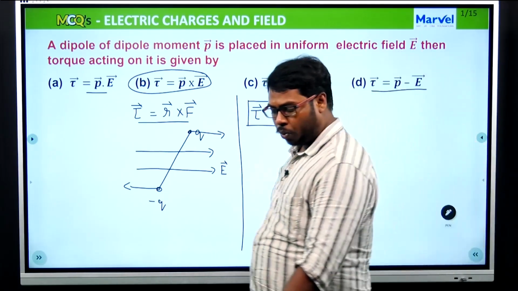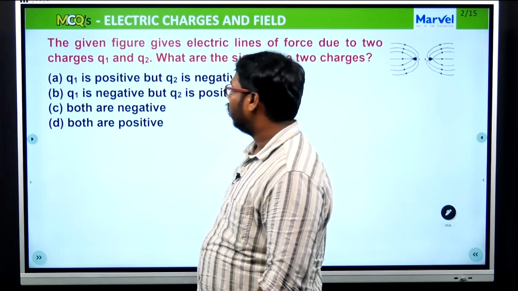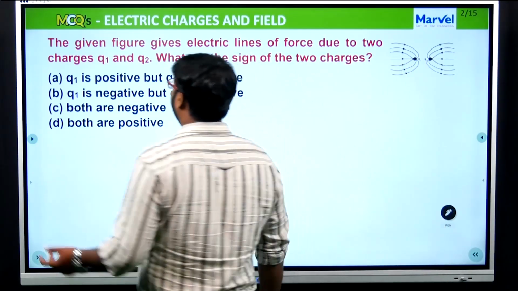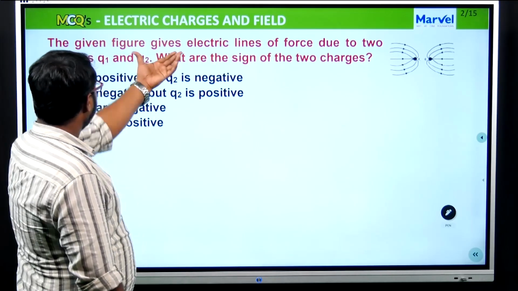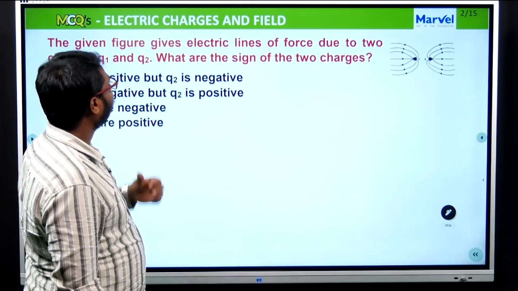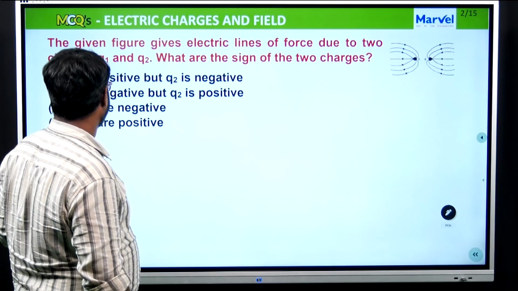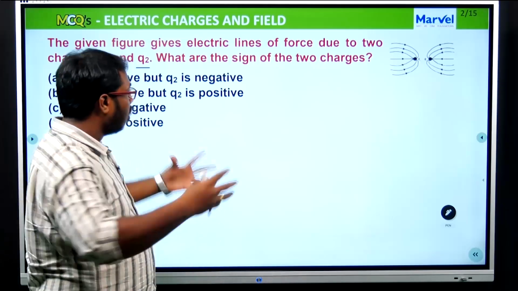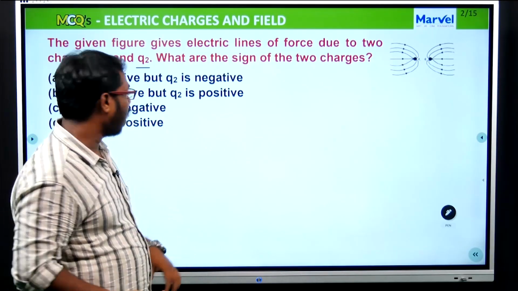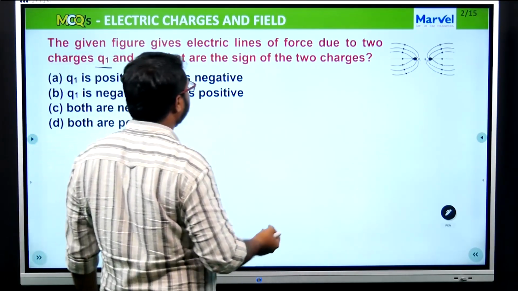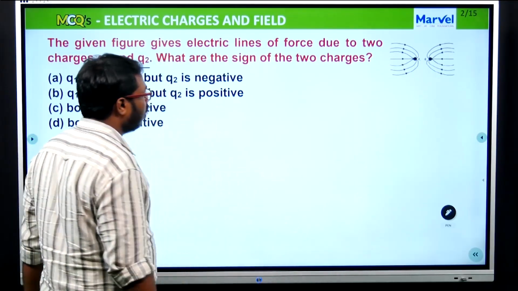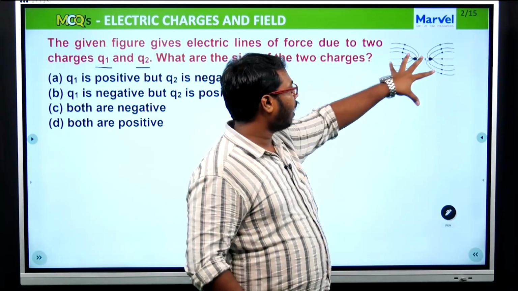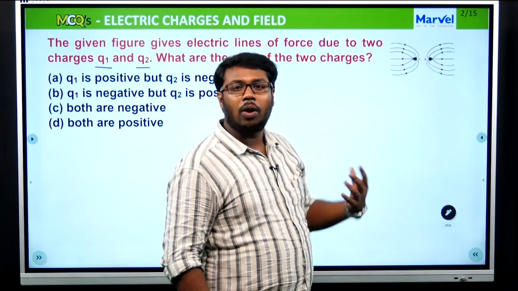Now we move to the next question, which is in fact very simple. The given figure gives the electric lines of force due to two charges Q1 and Q2. Just observe that both the charges are not equal in magnitude. What are the signs of the two charges? Just by looking at the way the electric lines behave, you have to decide.